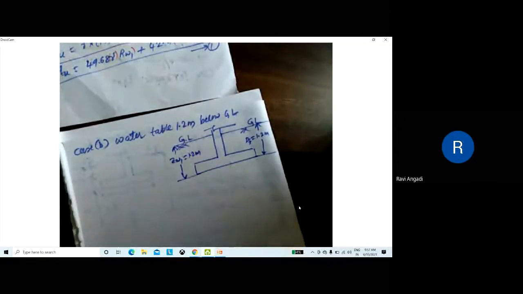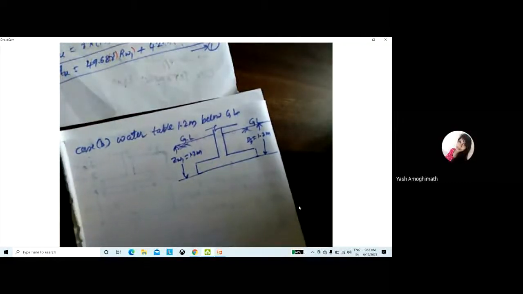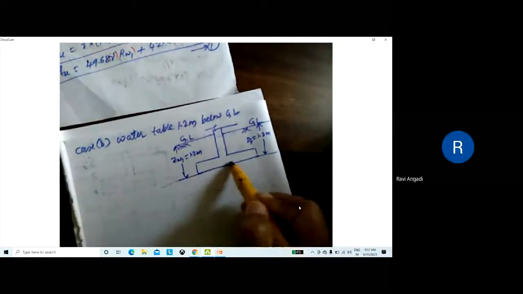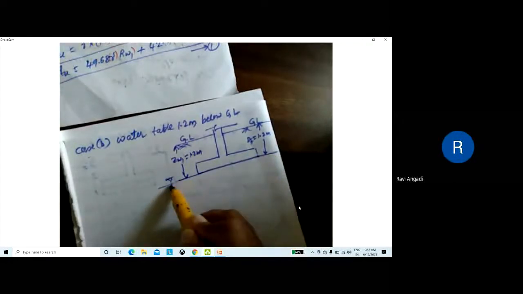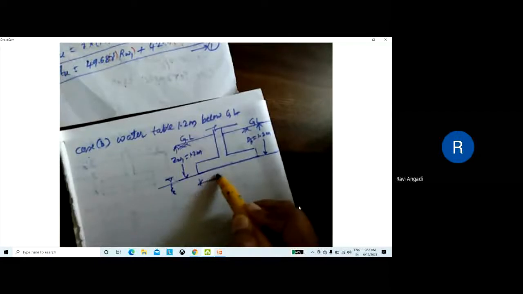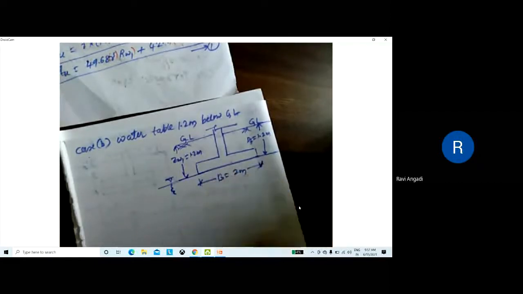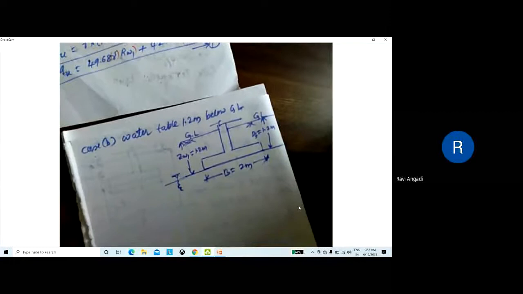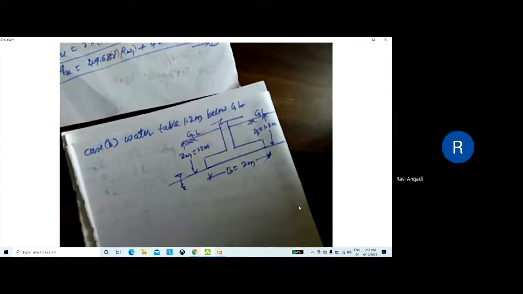Understood? Okay, so the water table is here. Mark the water table here, and the width of the footing is given as 2 meter. That also you mark. So I can call the water table just at the base of the footing, 1.2 meter below the ground level.